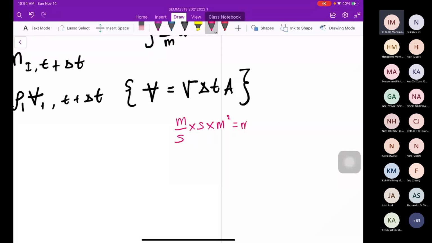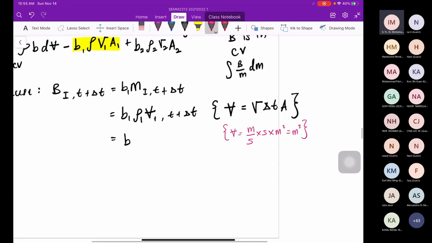Meter cube. Meter cube is the volume, right? So, I want to replace b1, rho 1, volume with this one: velocity, delta T, area.